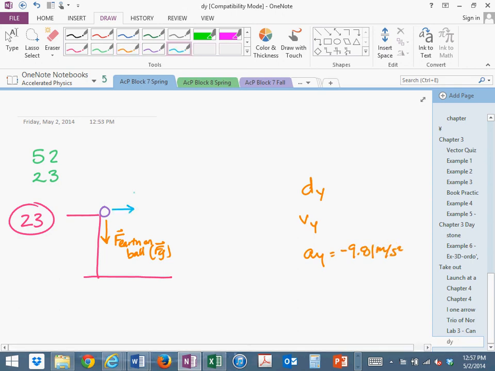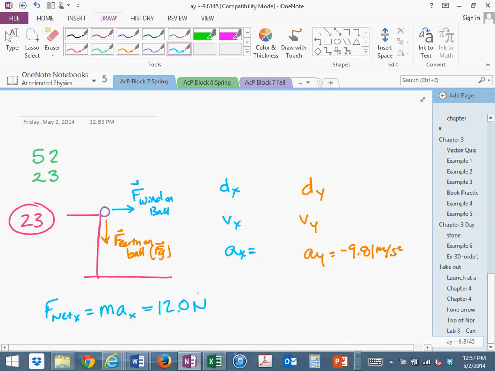But now we've got a force of the wind on the ball too. And then when we have our dx, vx, and ax, now we have some acceleration in the x direction. Yes, exactly. Because in the x direction, F net in the x direction is equal to m times a in the x direction, which is just that 12 newtons.